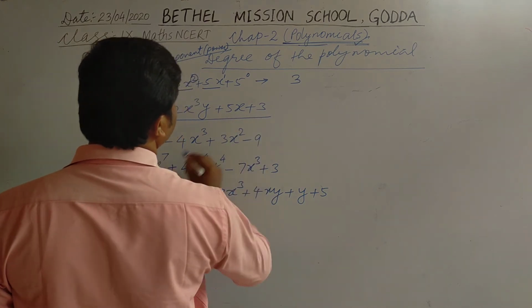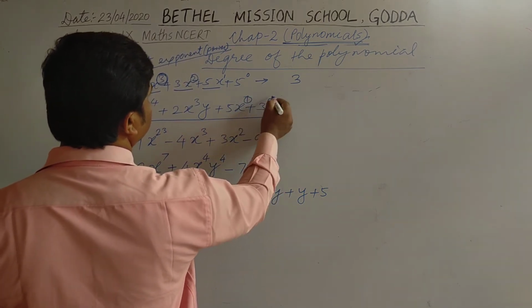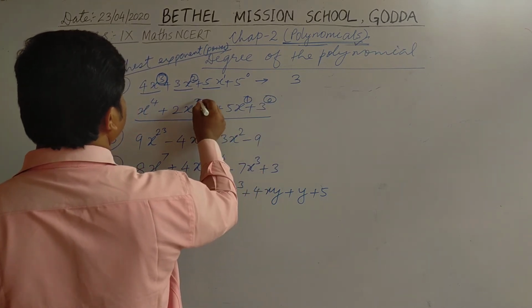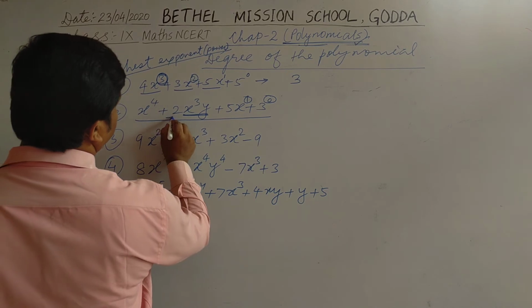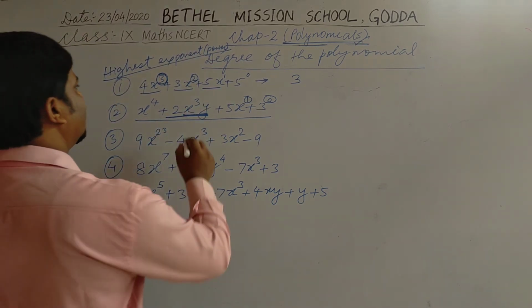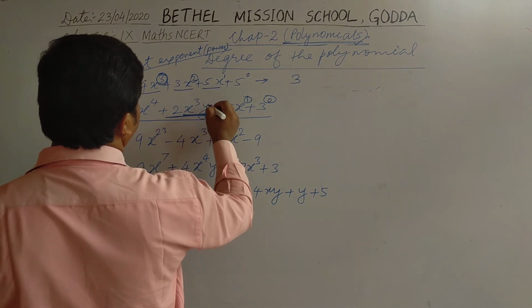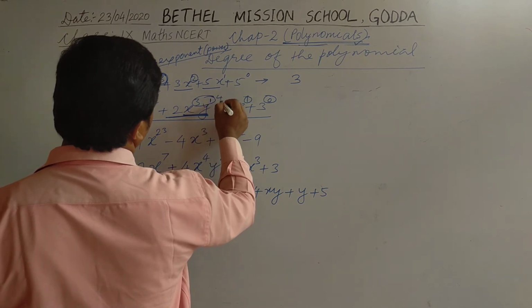Here 0, here 1. Here you can see two variables are there in this term, x and y. On x there is 3 and on y there is 1. So 3 and 1, the total sum is 4.